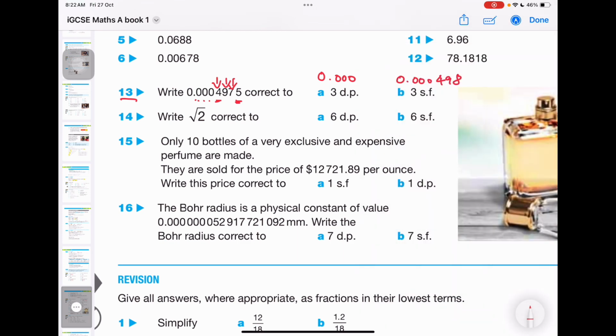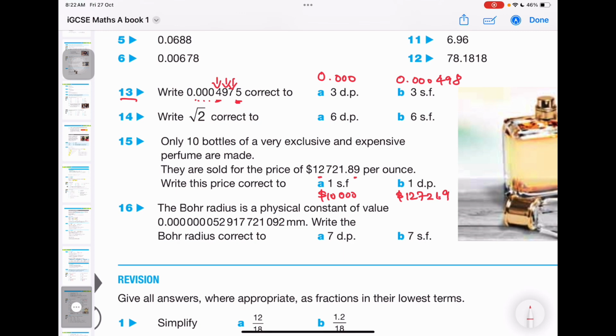So we'll just do the math. For one significant figure, we look at the second. So basically this will give us 10,000. For 1 dp, we are going to look at the second decimal place. Therefore, this value will be 12721.9 for 1 dp.